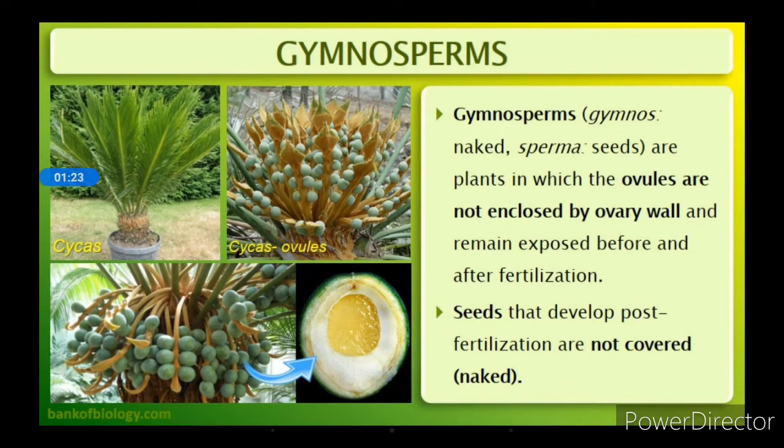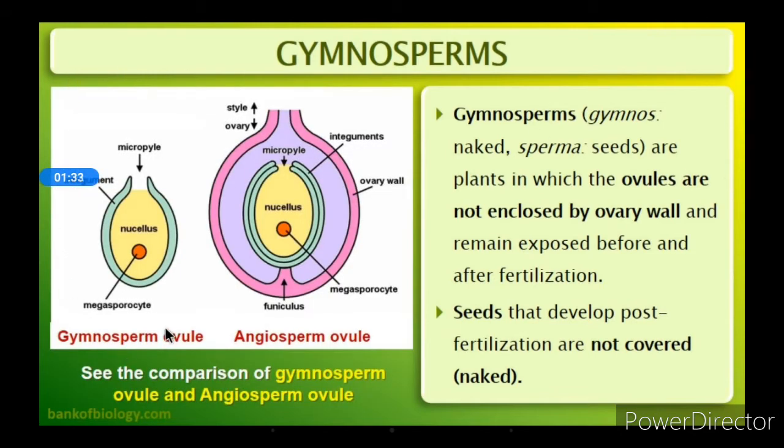The seeds, both before fertilization and after fertilization, remain exposed. Here you can see a gymnosperm ovule and an angiosperm ovule. In the angiosperm ovule, you can see it is enclosed by an ovary wall, but here it is absent.